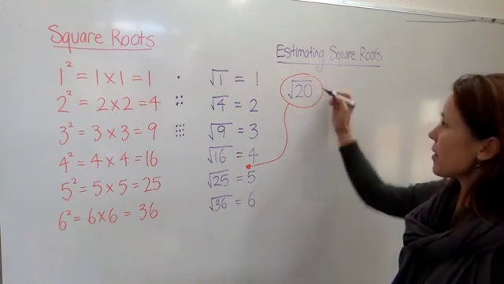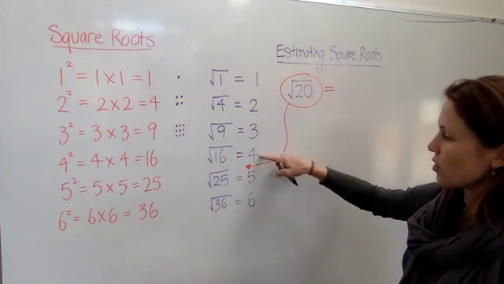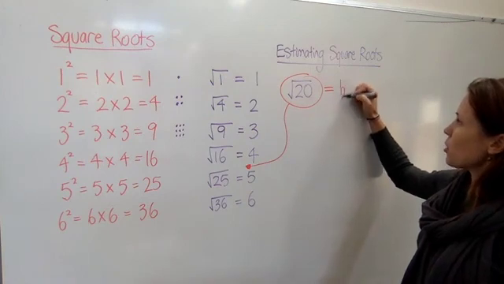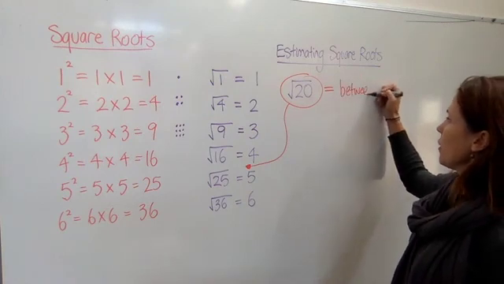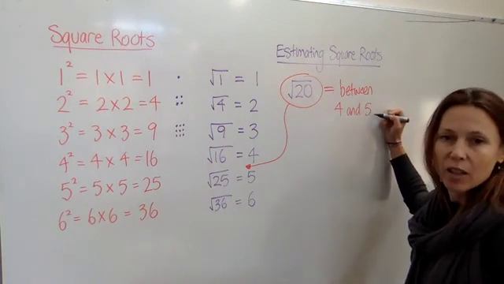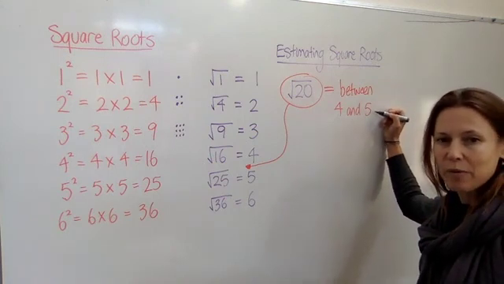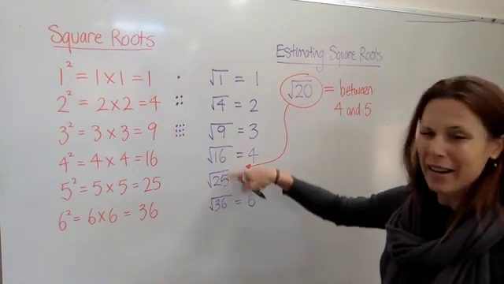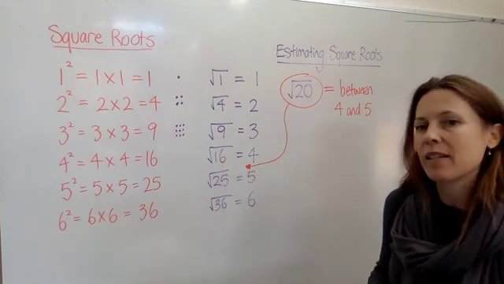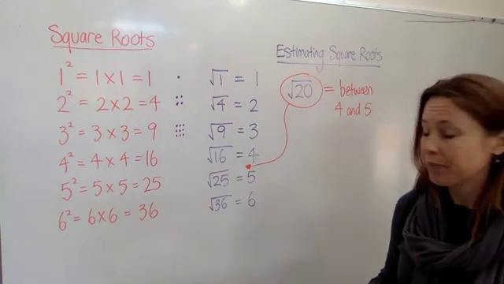So it makes sense that the square root of 20 is going to also fit somewhere between these two numbers. It will be somewhere between 4 and 5. Now that's about as close as I can get. I sort of feel like it would be round the middle because 20 seems about halfway between 16 and 25. But they're not easy to estimate except to say it's somewhere between 4 and 5.